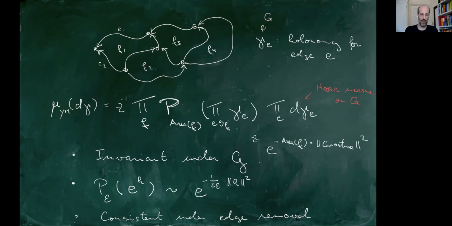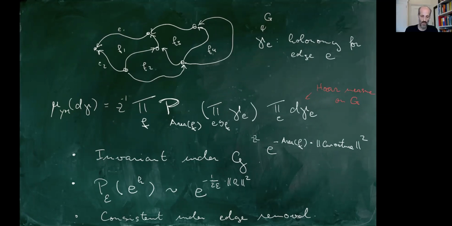One is to simply take that definition of the measure for the new graph. The other one is to look at the marginal: I have a measure on many edges, and I can remove edges by looking at the marginal of this measure on the edges that are left. And then I can also remove vertices if they're in the middle of an edge, by doing the natural thing and saying that the holonomy along the whole edge is simply the product of the holonomies along the two constituent pieces. So I can also remove vertices.